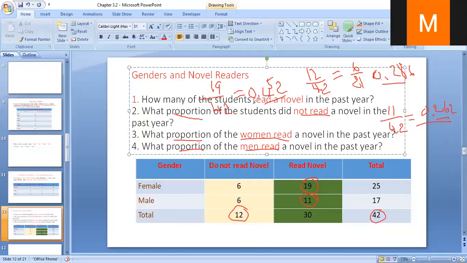When you find the students who read, these are the males and females. So you add together 19 and 11, you get 30. Any question about this example?